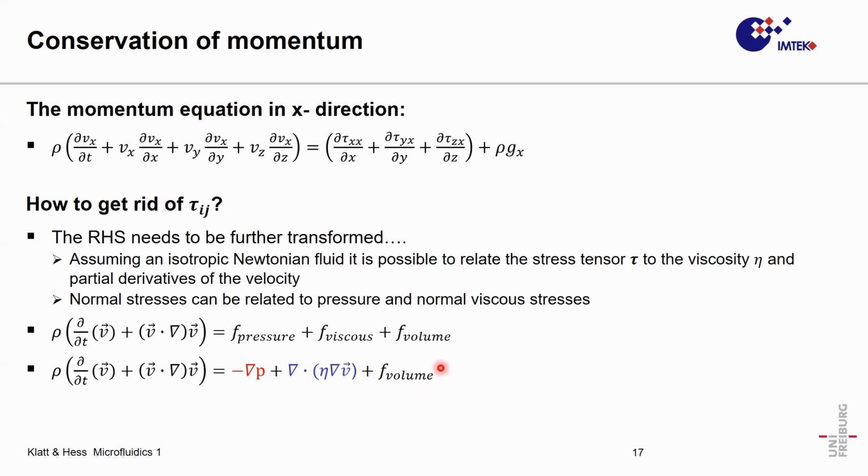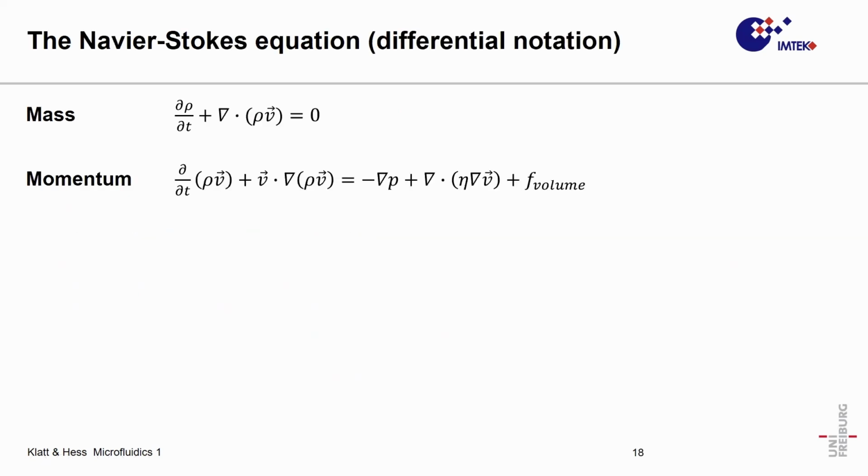And then, of course, we have the volume forces, which can be different forces, but for now we only consider gravity. So the equations you can see right here are the mass conservation and the momentum conservation in tensor notation, and together these two equations are the Navier-Stokes equations.